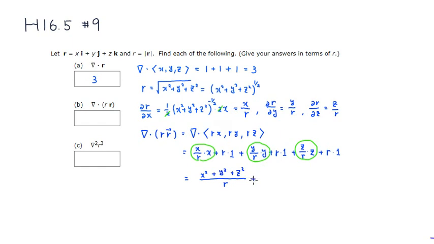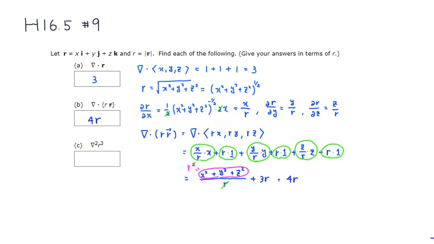And plus, you have 1 r, another r, and another r, so there's going to be 3r. But x squared plus y squared plus z squared is r squared, so we can cancel an r, and it's going to be r plus 3r, which gives us 4r. So the answer is 4r.